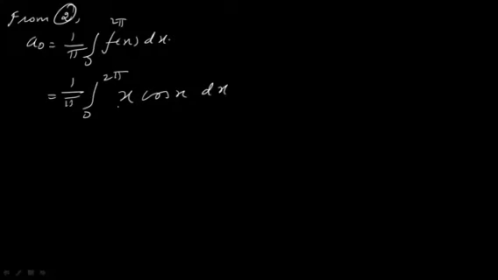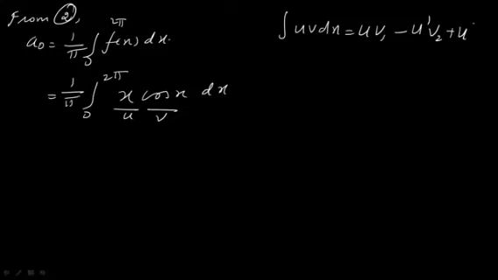Here you take x as u and cos x as v. You know already, integral uv dx is equal to u v1 minus u dash v2 plus u double dash v3 minus etc. So first you have to take x as u and cos x as v.